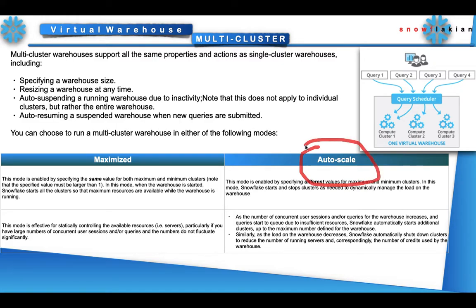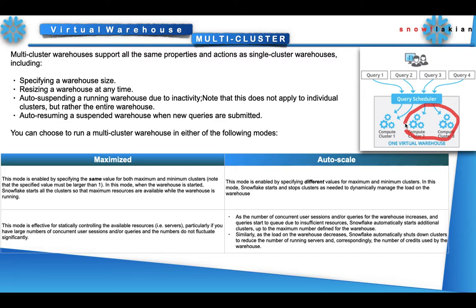Whenever there is a peak load, at that time I need additional clusters to be started and to start handling the additional load. Whenever these loads are finished, I want these additional clusters to be stopped. This is called auto scaling.